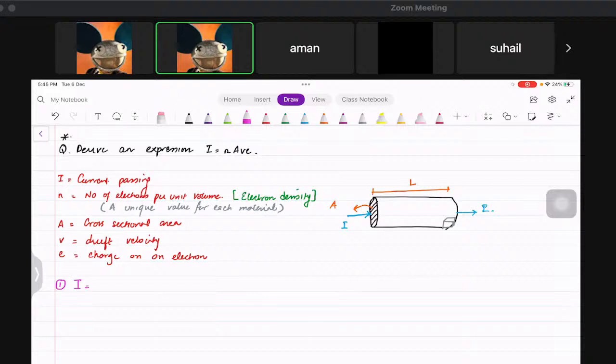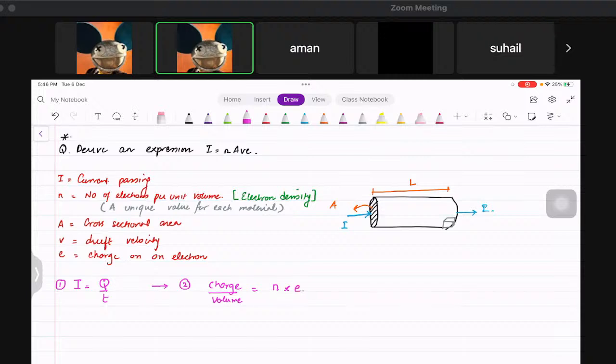I is given by, current is given by charge over time, right? Now currently we don't have time, neither do we have charge. So in the second step, the charge per unit volume will be equal to n, which is the number of electrons per unit volume, times the charge on one electron.